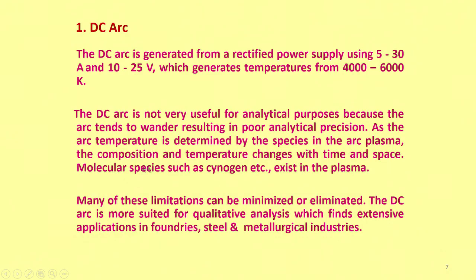As the arc temperature is determined by the species in the arc plasma, the composition and temperature change with time and space. So, molecular species also exist in plasma. These are known as cyanogens, CN, CO, and many molecular radicals. Many of these limitations can be minimized or eliminated, and the DC arc is more suited for qualitative analysis.